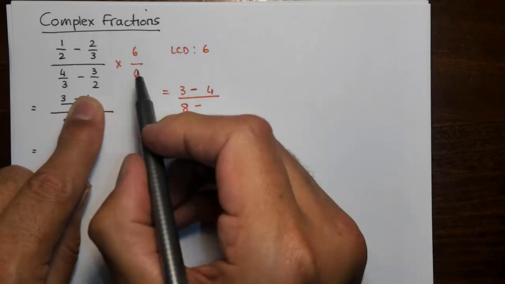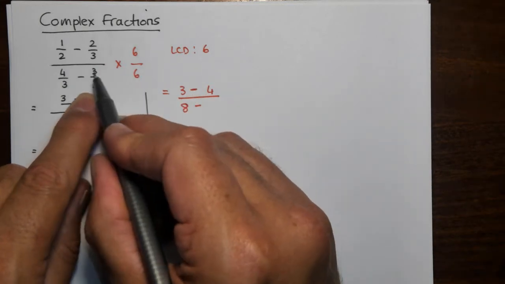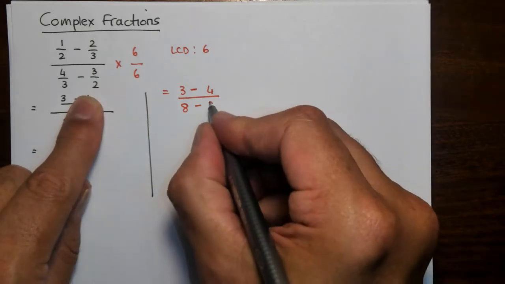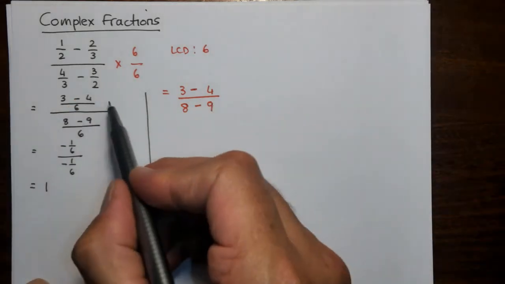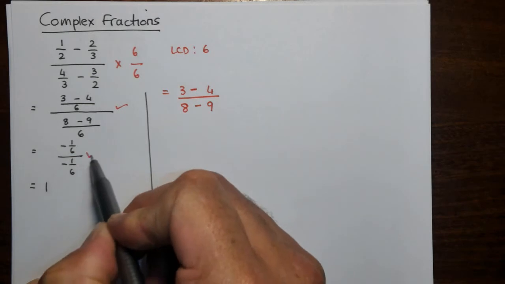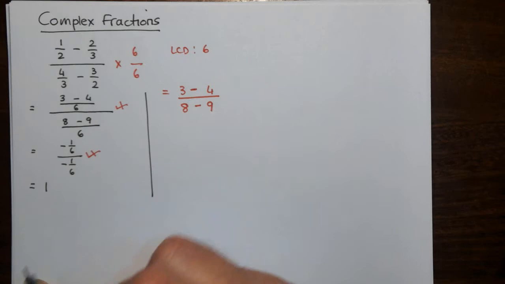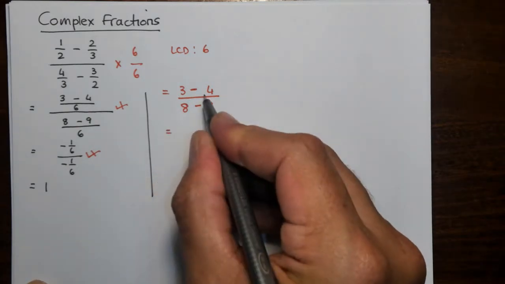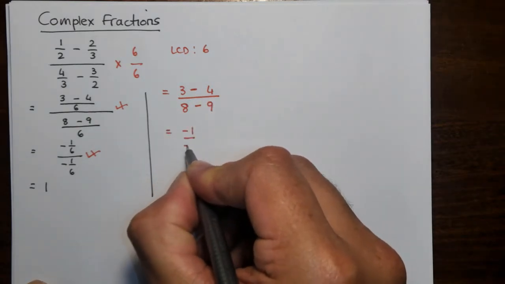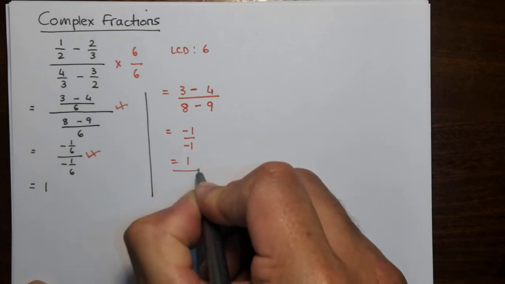Minus 6 times 3 is 18, and 18 divided by 2 is 9. So it misses this step and it misses that one. It goes straight and it gets rid of your complex fraction. Your result is minus 1 over minus 1, which is 1.